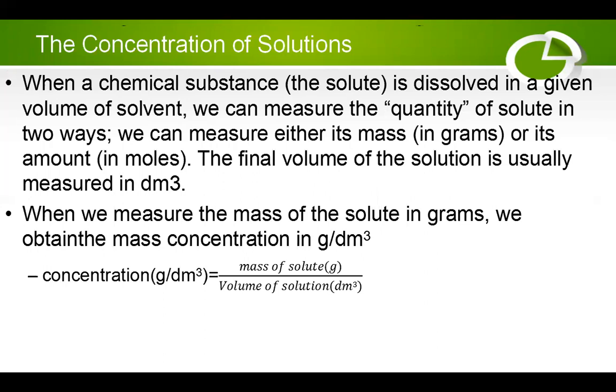When we measure the mass of a solute in grams, we obtain the mass concentration, which is in gram per decimeter cubed. Finding this concentration in gram per decimeter cubed will be equal to the mass of solute in gram divided by the volume of solution in decimeter cubed.